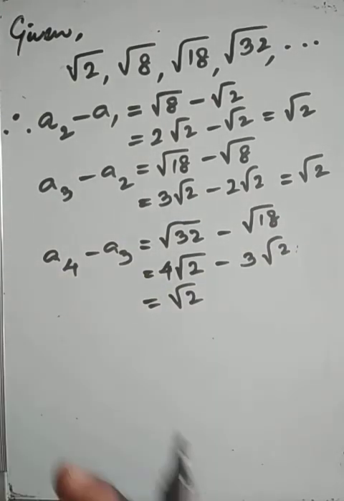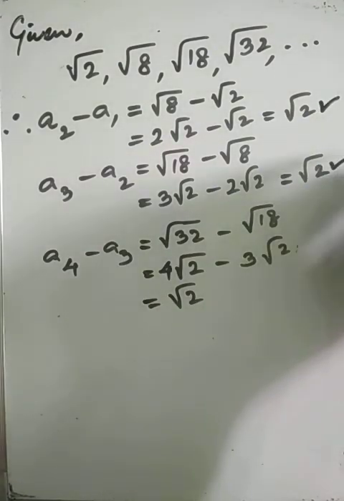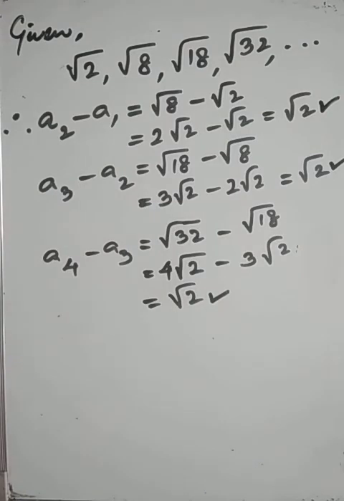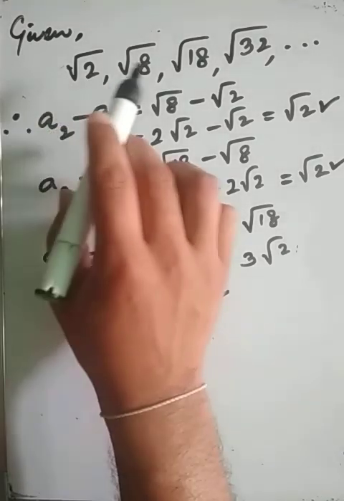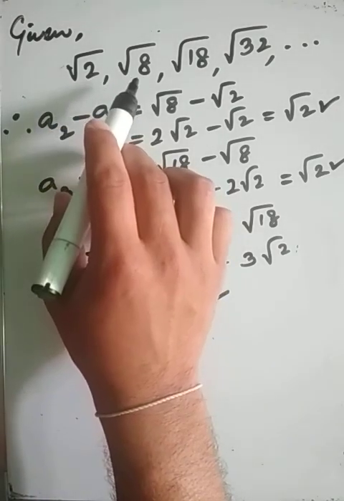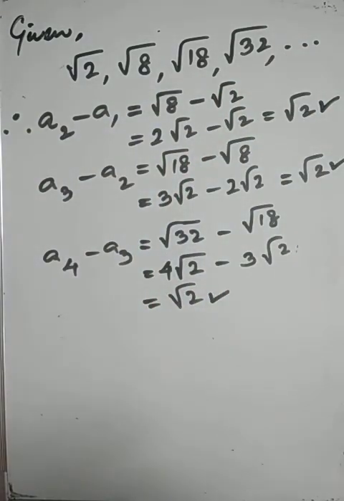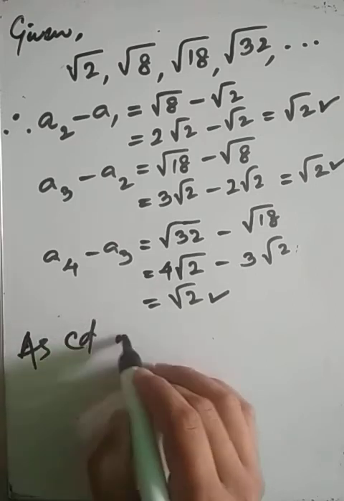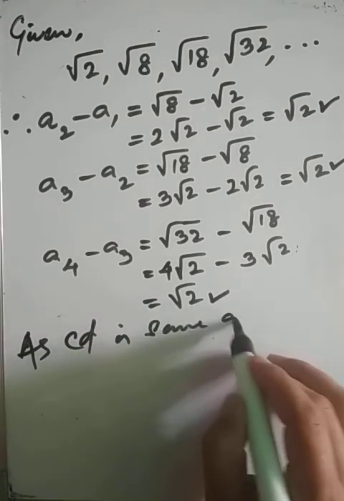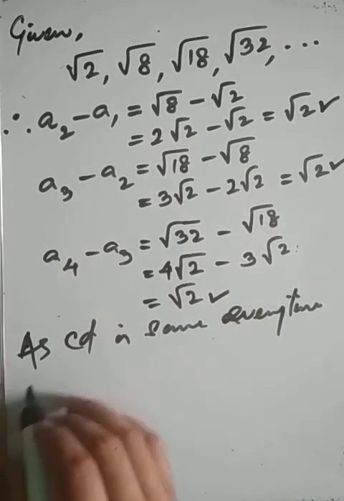So when we find the common difference, now we get here root 2, here root 2, then again here root 2. So the common difference is constant. It means that this root 2, root over 8, root over 18, root over 32, and so on, this list of numbers forms an AP, as the common difference is the same every time.